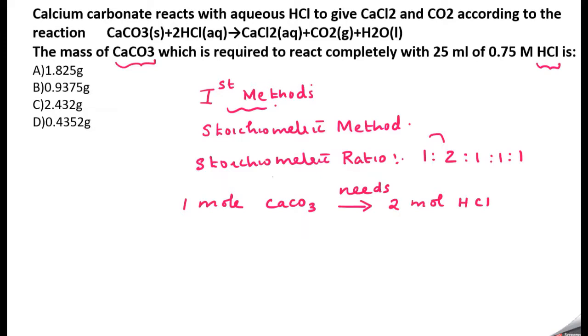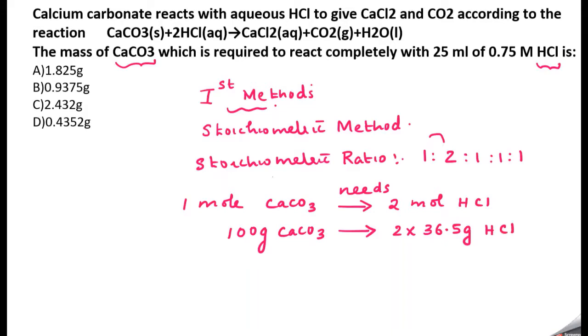Now, let us assume they are asking you with respect to mass. So, I know that 1 mole of calcium carbonate is equivalent to how much? 100 gram. So, that means 100 gram of calcium carbonate needs 2 into chlorine 35.5 plus hydrogen 1. So, I can say 36.5 gram of hydrochloric acid.